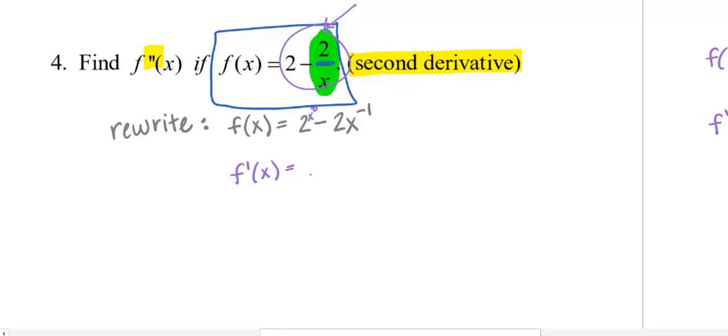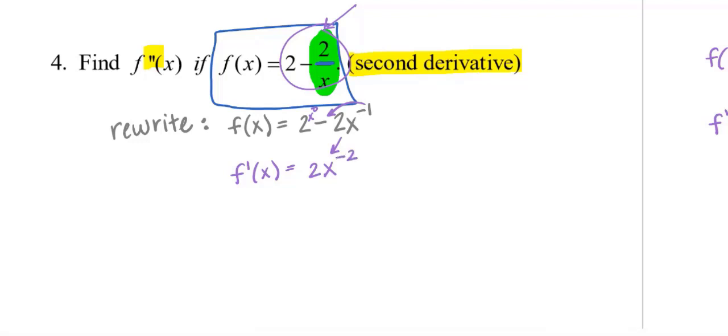I don't have to write down 0. But then this term of minus 2 x to the negative 1 is going to become positive 2. Keep your base the same, x, and subtract 1, negative 2.